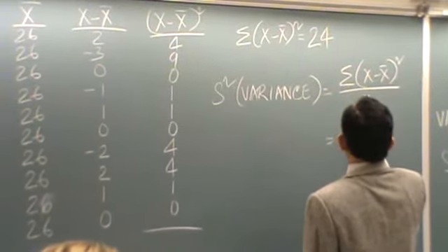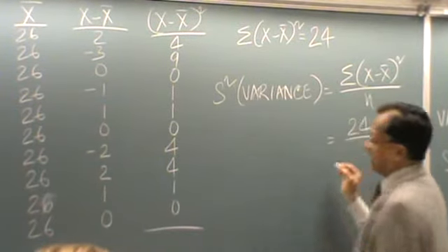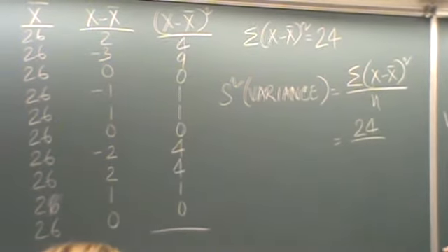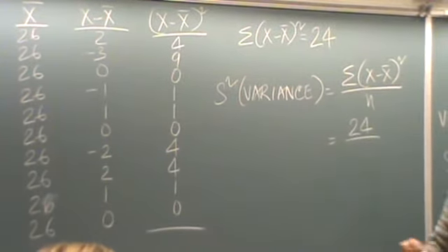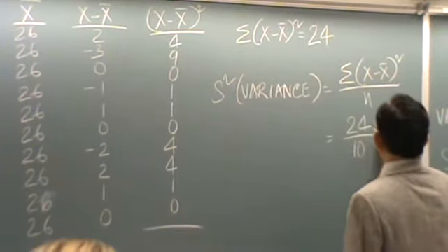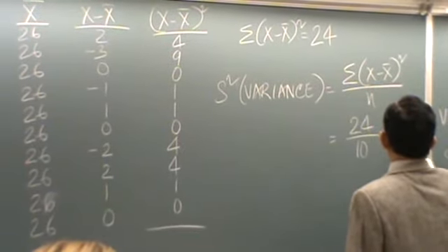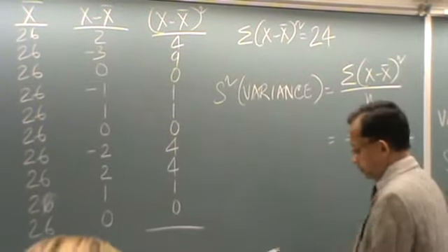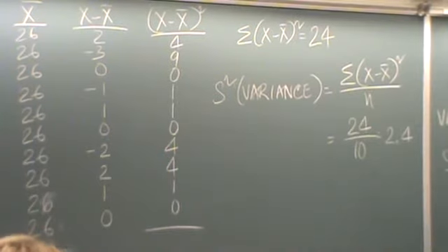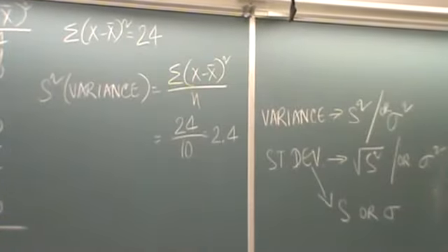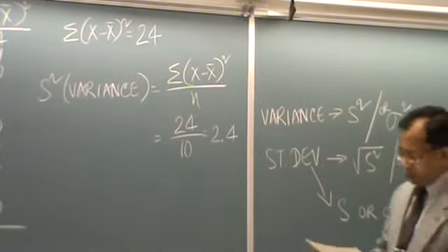So we have 24, and our n, how many values we have? 10. And that is 2.4. So our variance is 2.4.